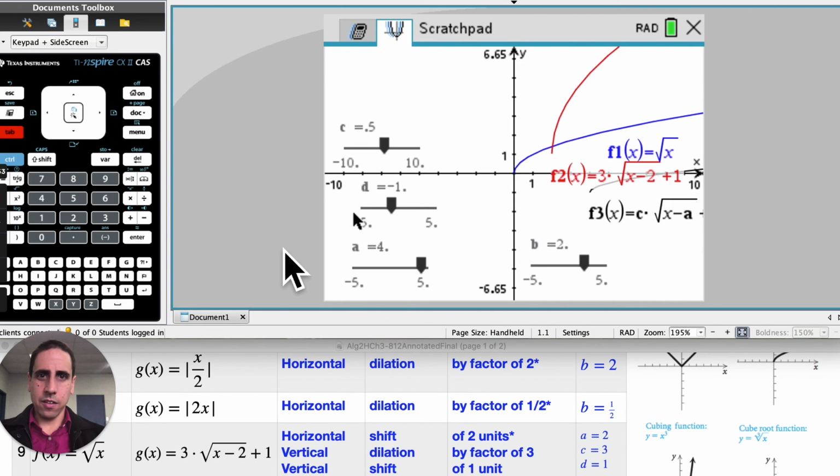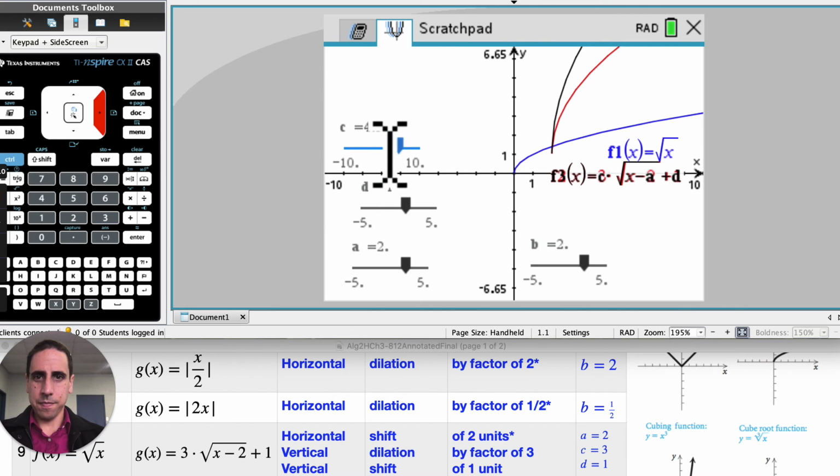All right. So if we give the d slider a value of 1, and the a slider a value of 2, and the c slider a value of 3, can we do that? I have to type it in. You can see that the black slider graph is directly on top of the red one, because I gave it a equals 2, c equals 3, and d equals 1.